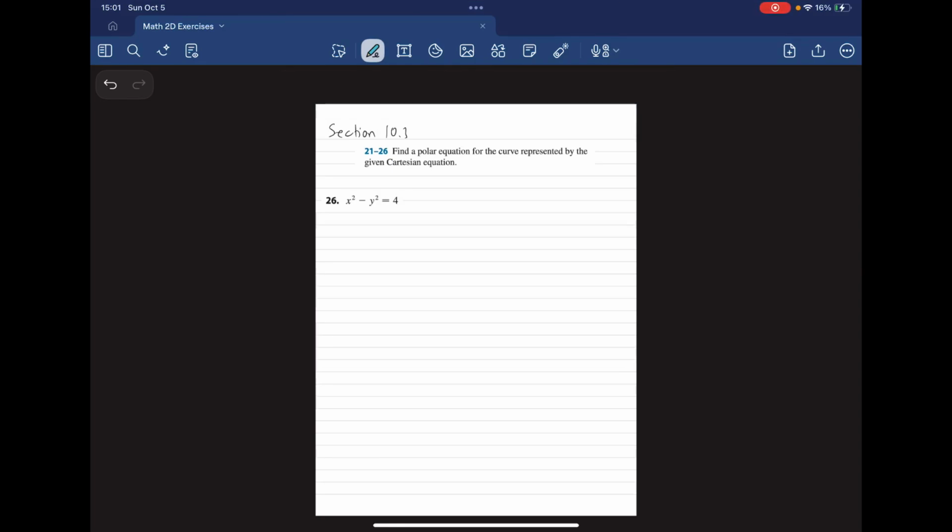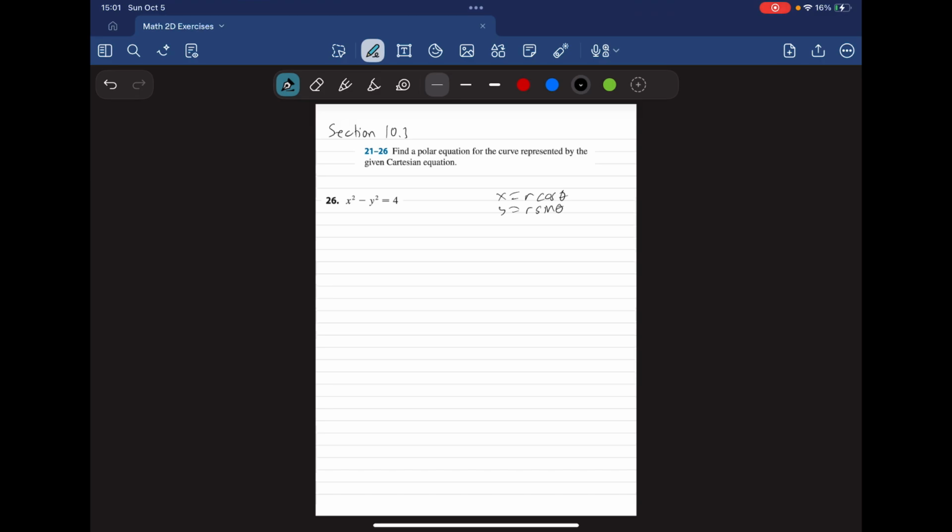Okay, now let's do problem 26. So once again, we're in reverse here. We're given the Cartesian equation, and we want to find the polar equation for this curve. Once again, we will need that x is r cosine theta and y equals r sine theta.